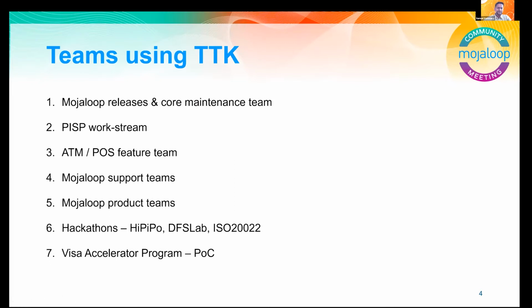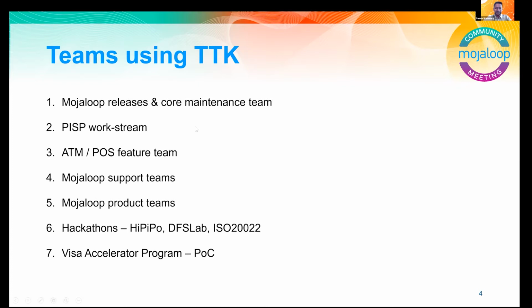Quickly, before that, we wanted to see the teams that were using the testing toolkit. We have the Mojo Loop releases and the core maintenance team using the testing toolkit on a daily basis for QA validation. And as I was mentioning, Helm test and even cron jobs that run daily on dev and QA deployments.